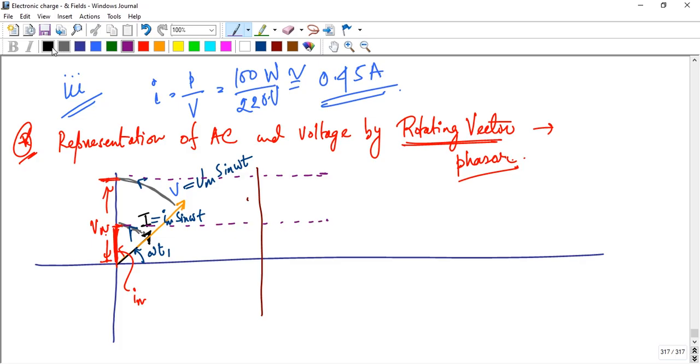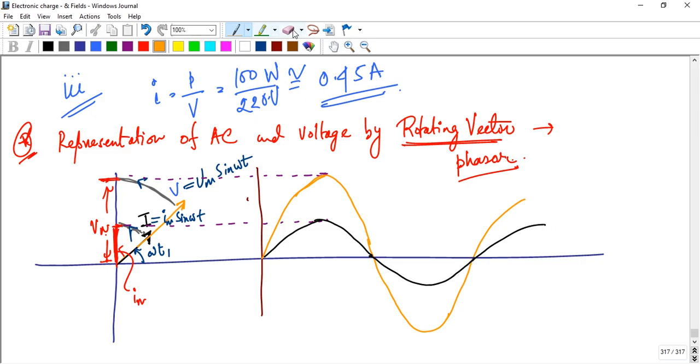The voltage diagram looks like this, and the current looks like this. At this point there is a maximum value.